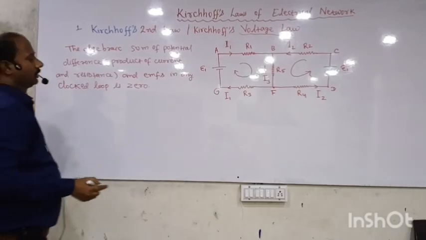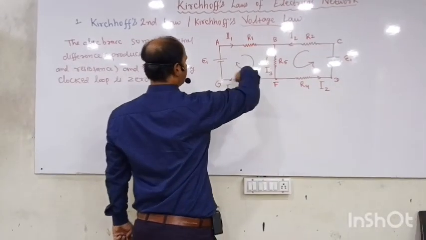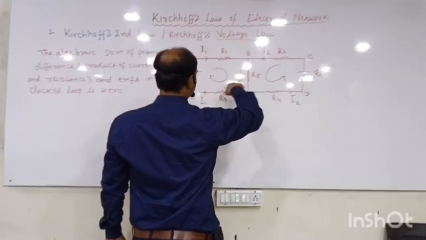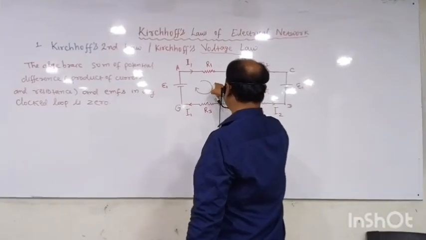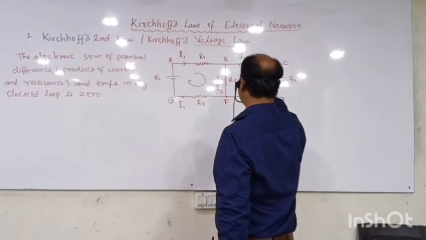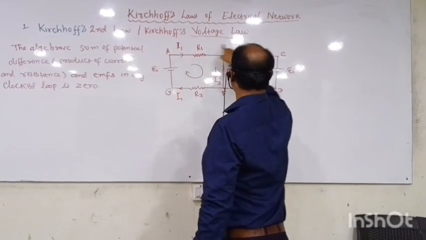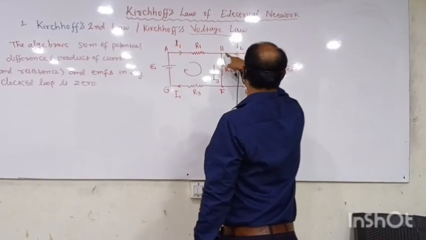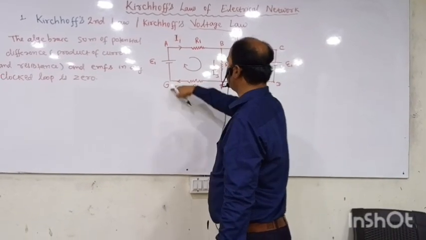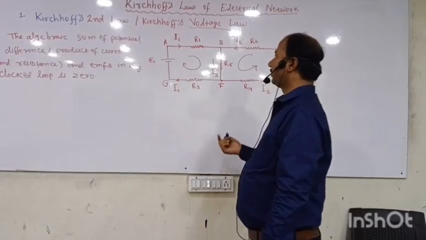What is a closed loop? This is a closed loop. In the given circuit there are two closed loops, the first loop and the second loop. We can also take A, B, C, D, F, G, A as a big loop.